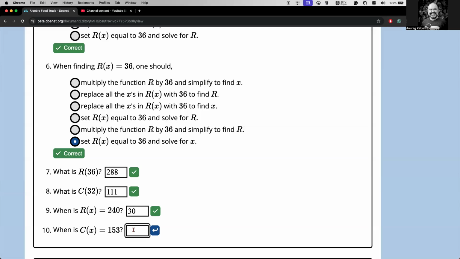Do you want to write it down? C of x equals 15 plus 3x. That's the cost function, or 3x plus 15, however you want to say it. That was the cost function.